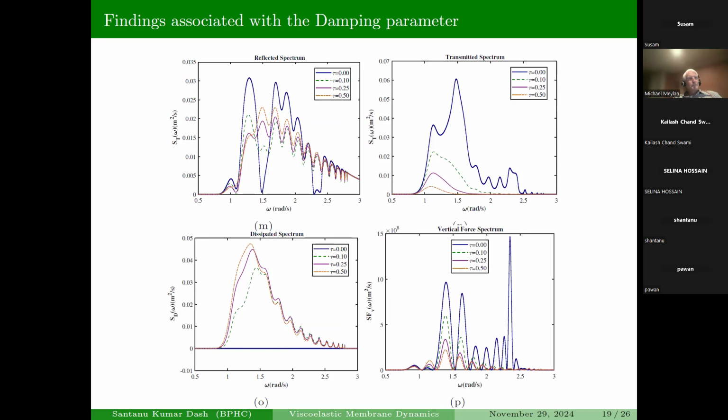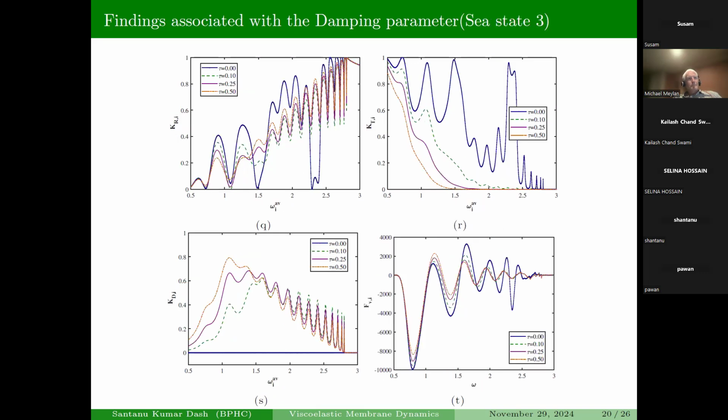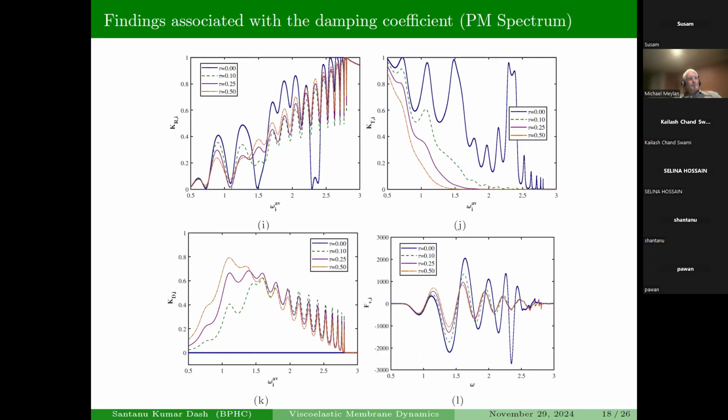As we see, for tau equal to 0, the force associated with the viscoelastic membrane is comparatively higher compared to tau equal to 0.50, which is very less compared to tau equal to 0. And this is associated with sea state 3. If you look at the variations, the values of this force are higher compared to sea state 1.